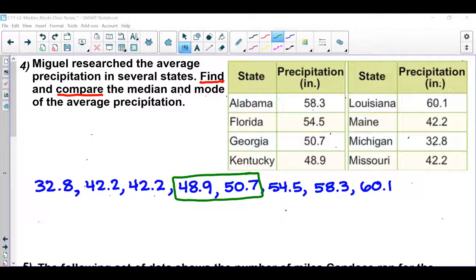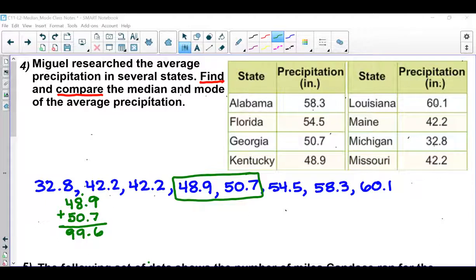We have 48.9 plus 50.7. There you go. 99.6.